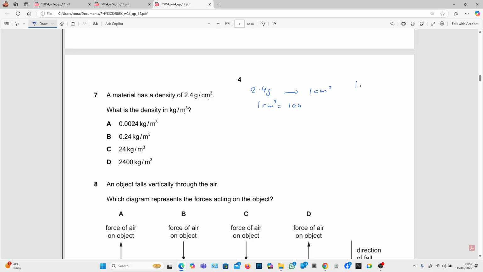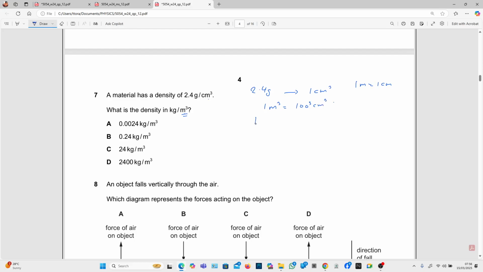We know that 1 meter is equal to 100 centimeters. So I'm looking at meters cube here, so what I'm going to say is that 1 meter cube is actually 100 to the cube centimeters cube.